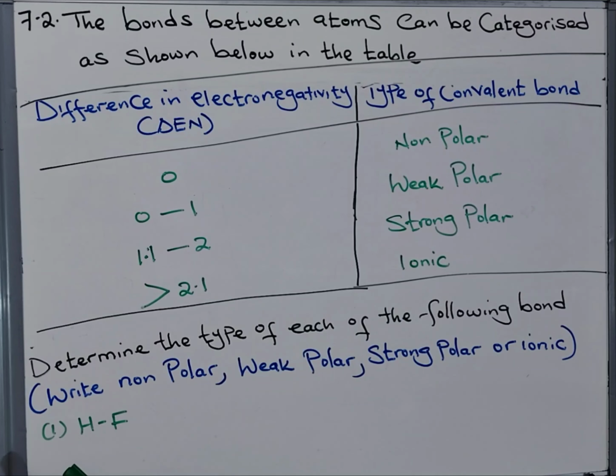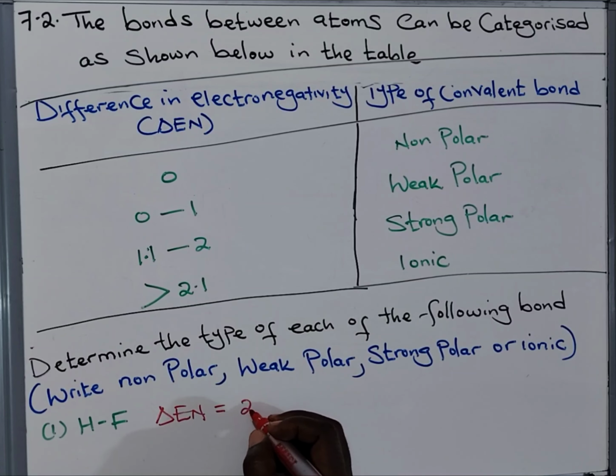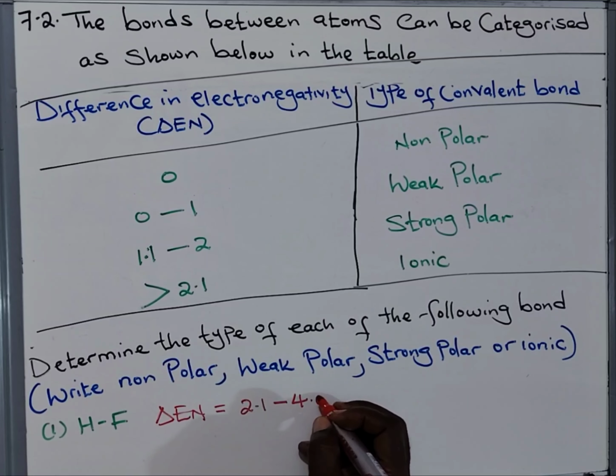The first one is the bond between H and F. How do we go about that? To determine the nature of this bond, we calculate the difference in electronegativity. For hydrogen, the electronegativity is 2.1. Meanwhile, for fluorine, it is 4.0.